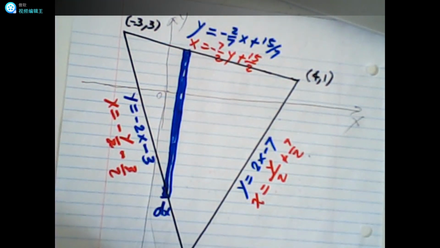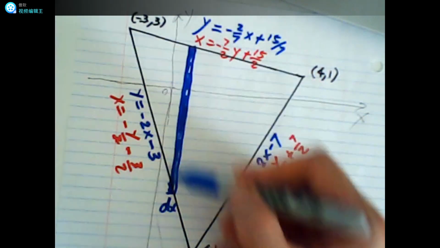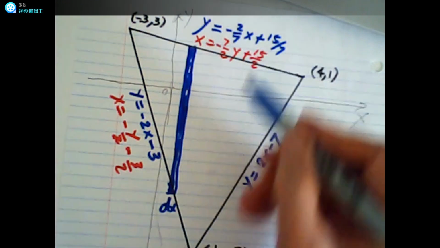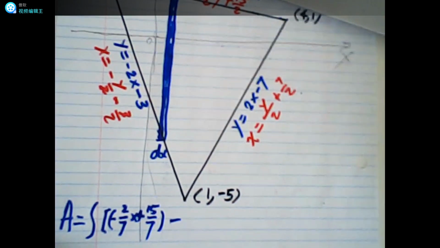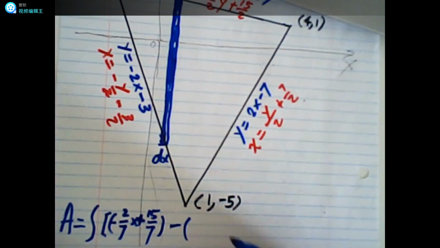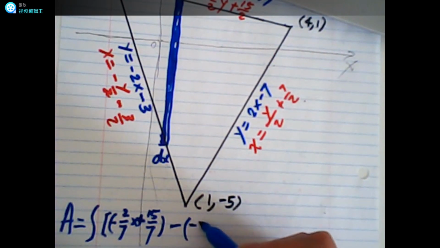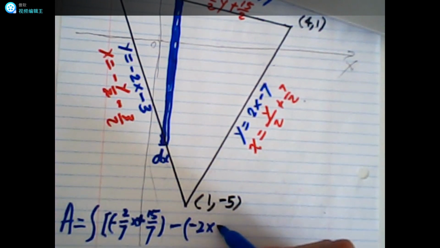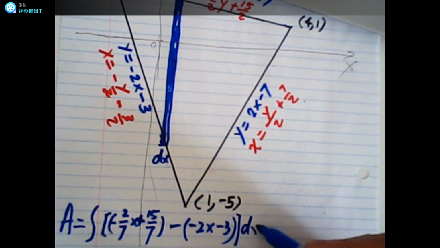That means we integrate this y, which is minus 2 sevenths x plus 15 over 7, minus this, which is minus 2x minus 3, dx.